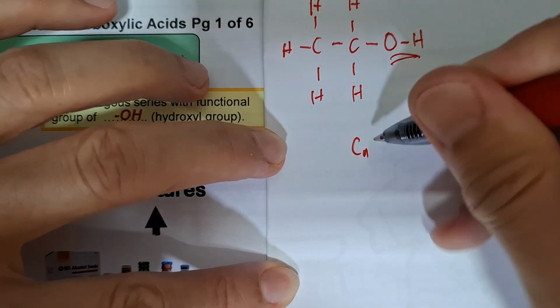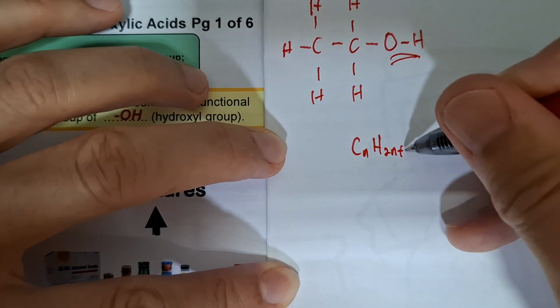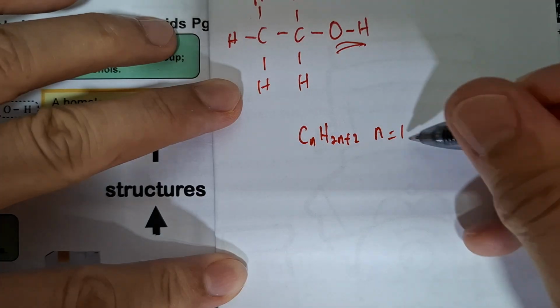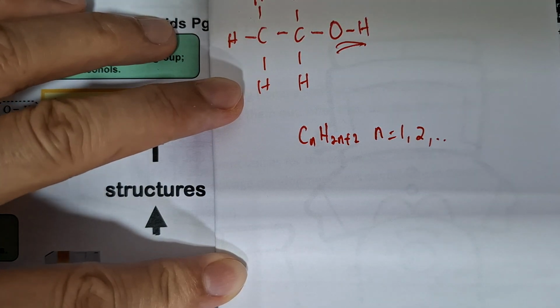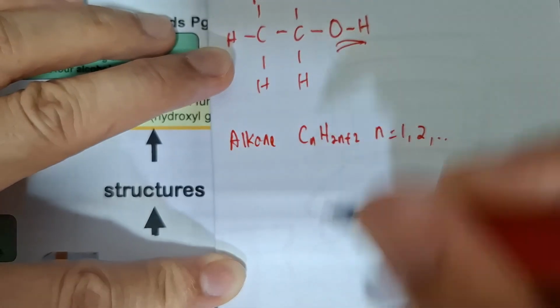Take note, for alkane the general formula is CnH2n+2, and n starts from 1, 2, etc. This is the alkane homologous series.